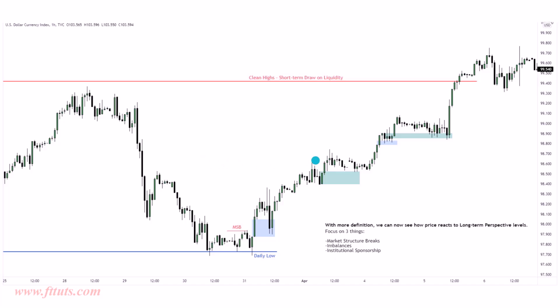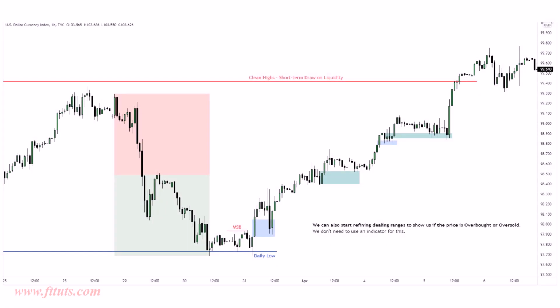Here, a fair value gap gets broken here, so the institutional sponsorship is bullish. So just to make institutional sponsorship easy to understand, you want to see support levels holding and resistance levels breaking. That's it.